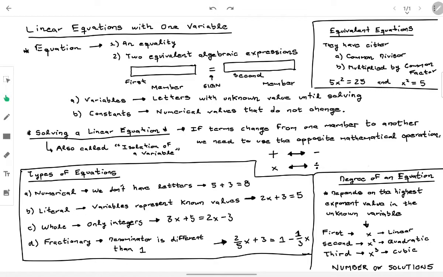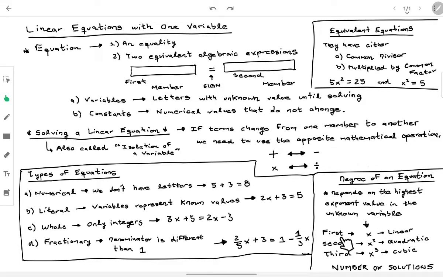Let's see about the degree of an equation. The degree of an equation depends on the highest exponent value of the unknown variable. So the highest exponent that our variable has will tell us which degree of equation we have. The first degree, we will have only x, and it's also called the linear equation.